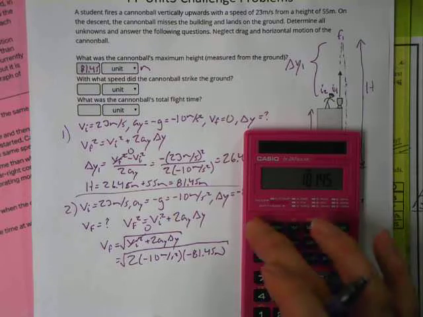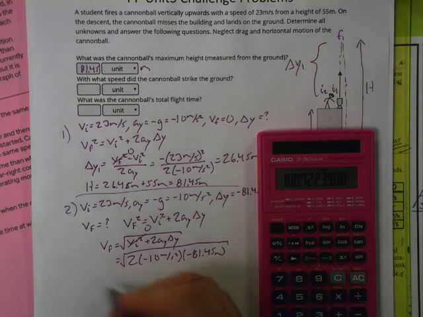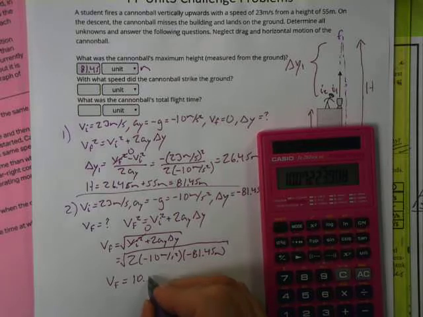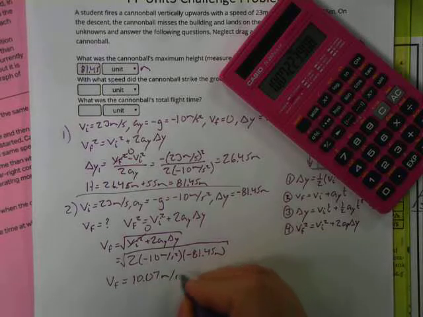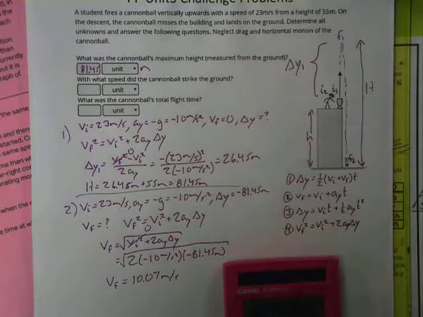It equals, take the square root, 10.07. The final velocity is equal to 10.07 meters per second. That does not sound like what we found before. We had 40.4 meters per second before. I want to double check this real quick.